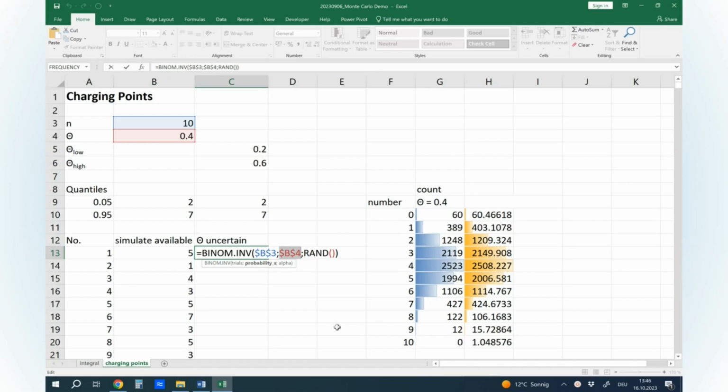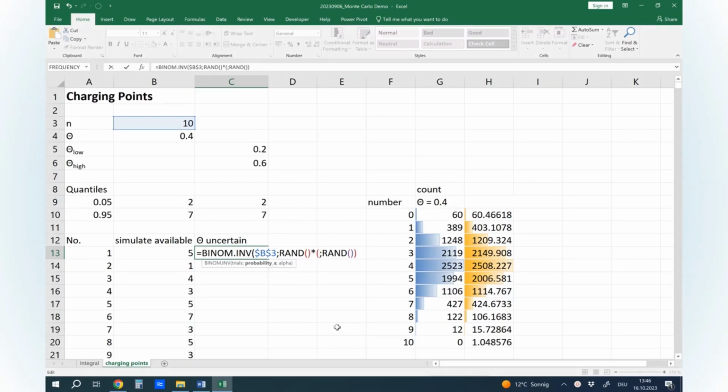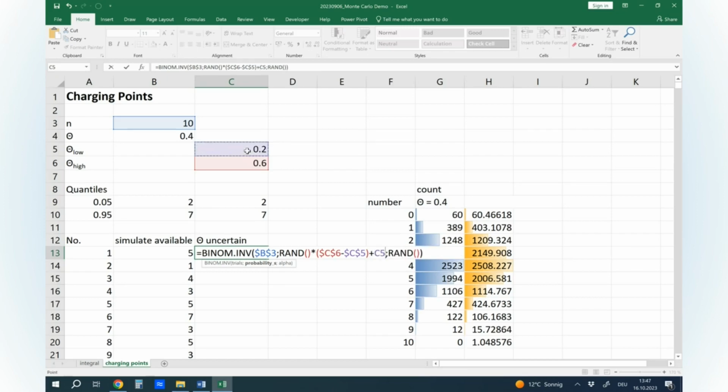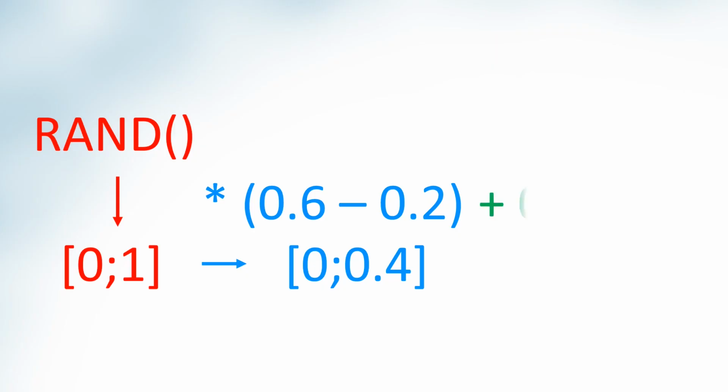For implementation, I again utilize the rand function, which, remember, yields values within the 0 to 1 range. By multiplying this with the difference between the upper and the lower bound, I obtain values ranging from 0 to 0.4. Adding the lower bound value of 0.2 to this result generates random values spanning from 0.2 to 0.6.